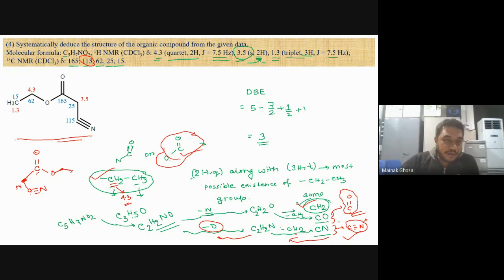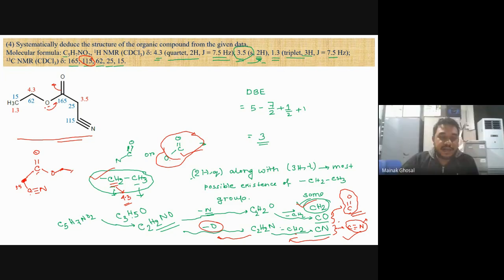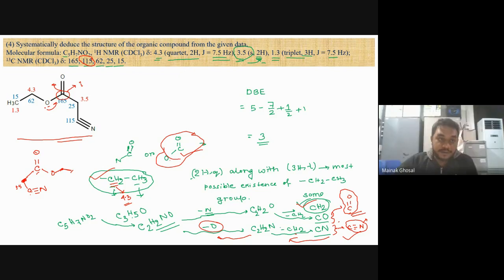Now what will oxygen do? There is a high chance of resonance, right? So there is a chance that the oxygen lone pair will be involved with this carbon. If the oxygen lone pair is involved in resonance, will the electron density around this carbon increase or decrease?